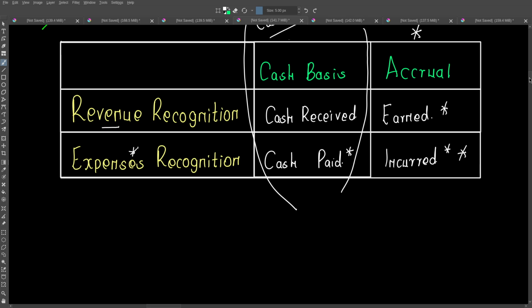Okay, and also remember, most corporations and companies are required to use either IFRS or GAAP, and both require us to use accrual accounting. So if a company is preparing the statement of cash flows, it is in the criteria where they are required to do accrual accounting. So there have to be adjustments so that we are able to see which are the cash inflows and which are the cash outflows.